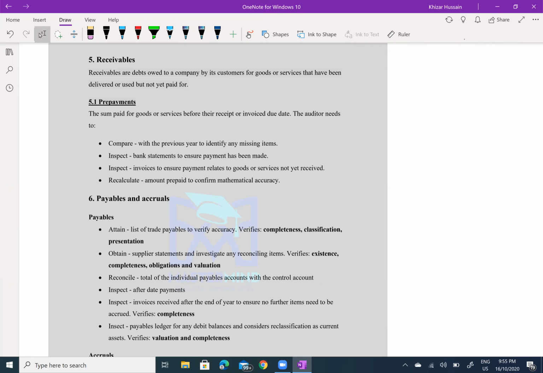Receivables. What are receivables? Money that you're owed. A right to receive cash, basically. Now there's an ISA, and I've already talked about external confirmation. ISA 505.